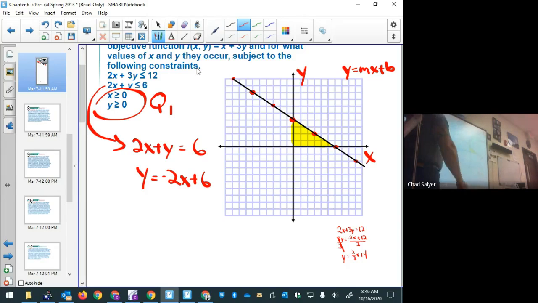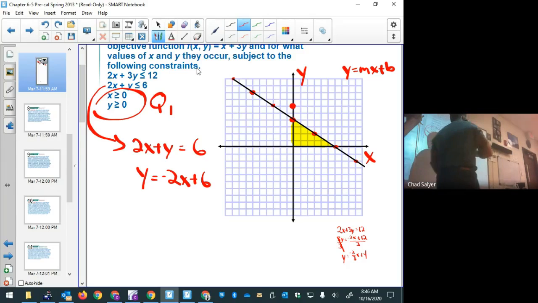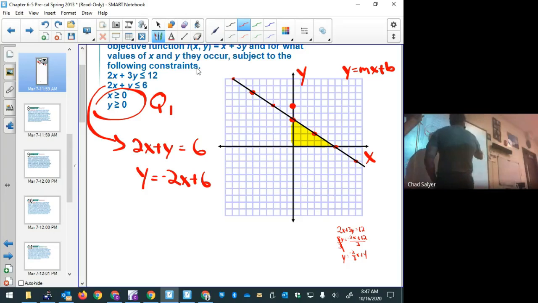Tell me what my y-intercept is in this case, Kristen. 6. Very good. So right here. And tell me what my slope is in this case, Rowdy. Negative 2. Good. So how would I find my next point? You would go right 1 and down 2. Right 1, down 2.